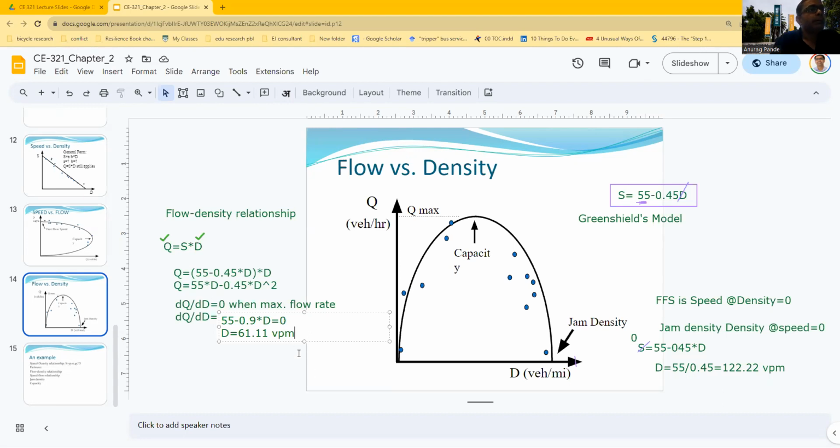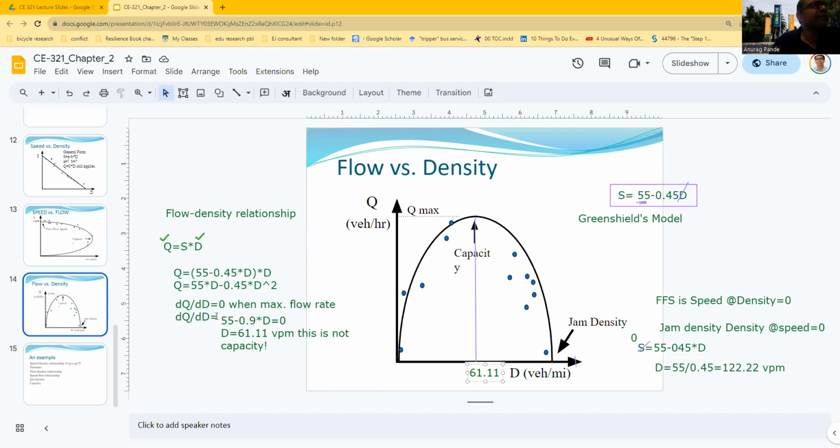Now, remember, this is not capacity. You have to think about this: this value is right here, 61.11 in this example. This is the value that I've found. This is not capacity. This is just the density with respect to capacity.